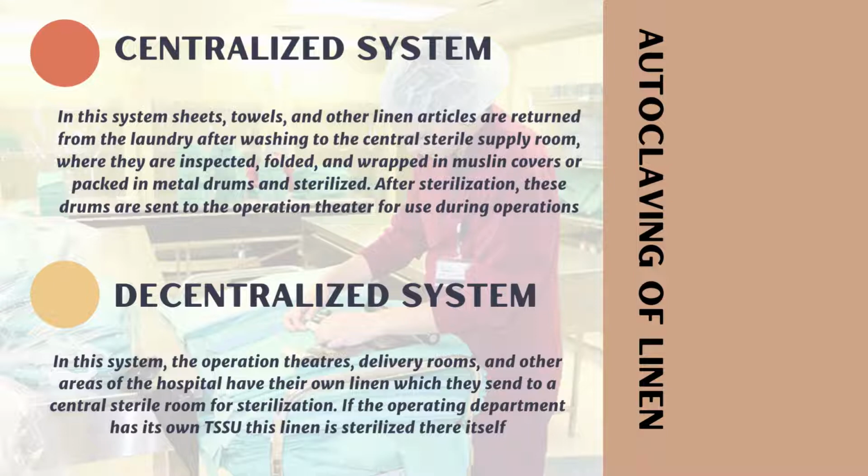When it comes to the decentralized system, they have their own linen and it is sent to the central sterile supply room for sterilization. And if the operating department has its own TSSU, which is theater sterile supply unit, then the linen is sterilized there itself. So this was all about the first part of the linen and laundry chapter.